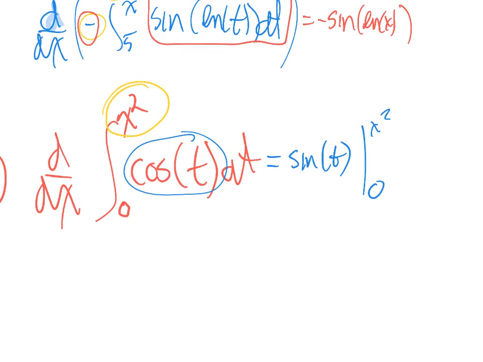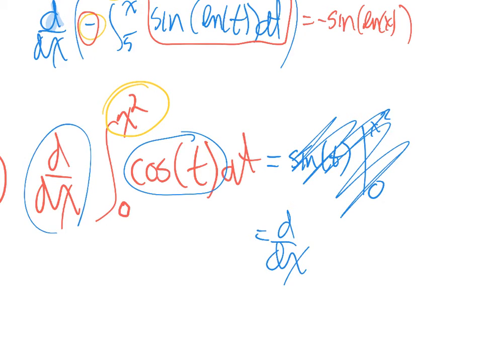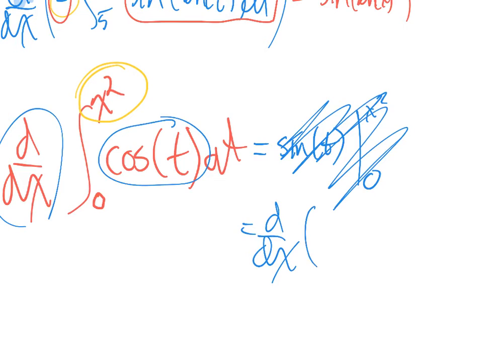Okay, the integral of cos t evaluated between x squared and 0. So that's going to become, oh, whoops. That's not very good. I forgot my d by dx. I still have this d by dx. Sine t evaluated between x squared and 0.